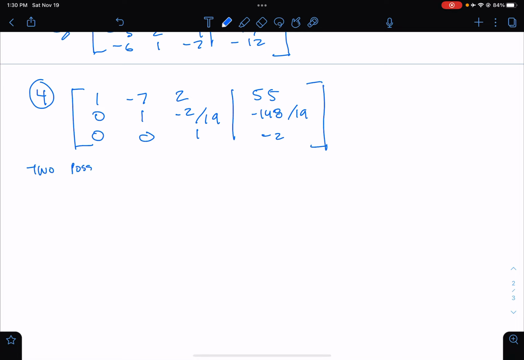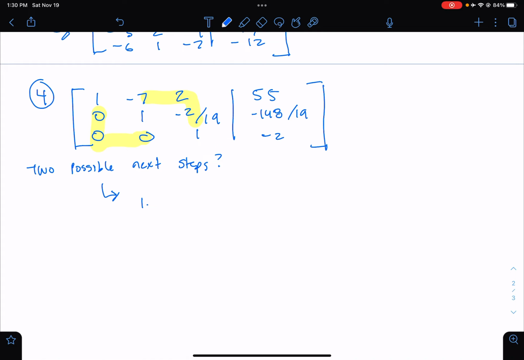Two possible next steps. So, step 1. Remember, we want zeros in those 6 slots. Since we already have them on the bottom left, let's aim to get zeros in that top right area.